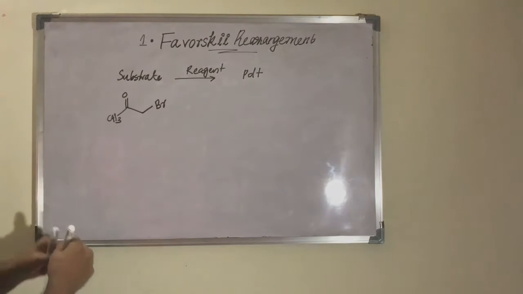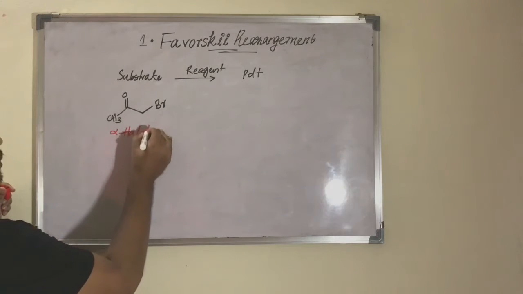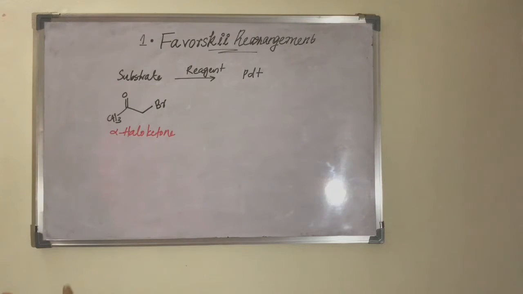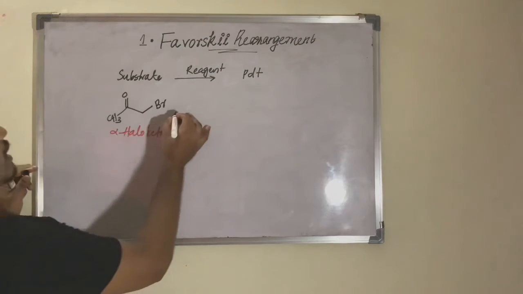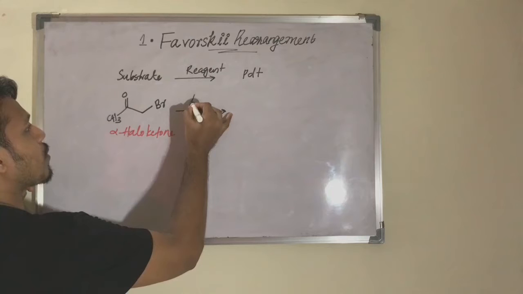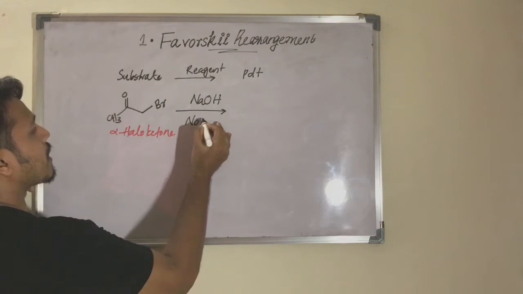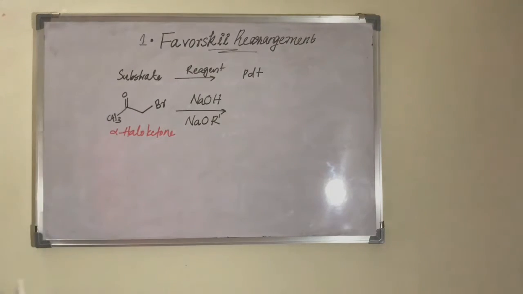This is called alpha haloketone. This is the key point to identify this name reaction. When you have alpha haloketone along with the reagent sodium hydroxide or sodium alkoxide, you will end up with a rearranged product.